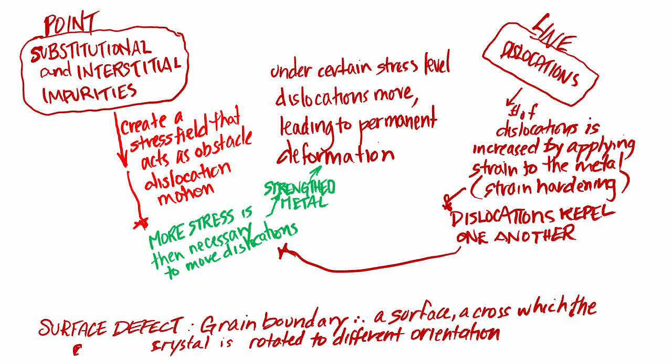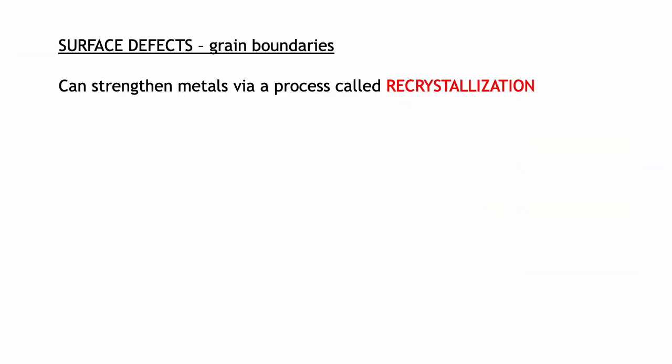So a dislocation might be moving in a crystal, but when it reaches the edge of that crystal, that boundary, it can't cross. So surface defects, just like the other kinds of defects, create an obstacle to dislocations, which makes it necessary to have more stress in order to get deformation. So here we are, grain boundaries and our surface defects.